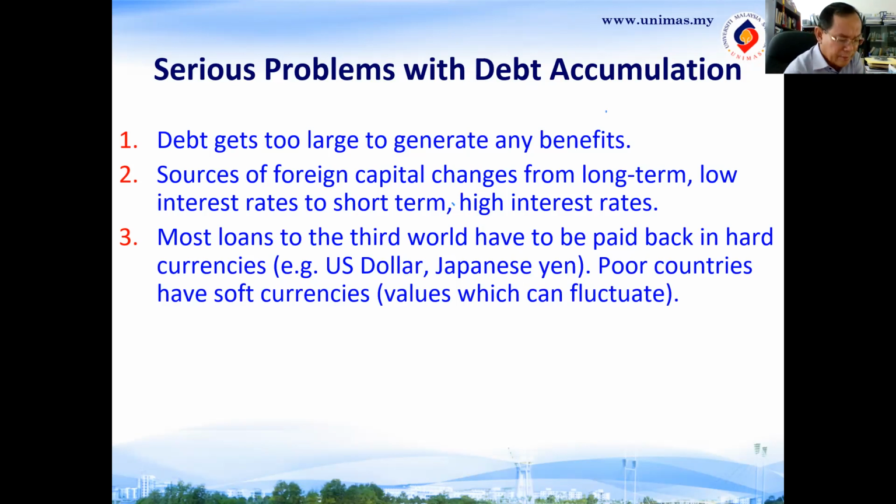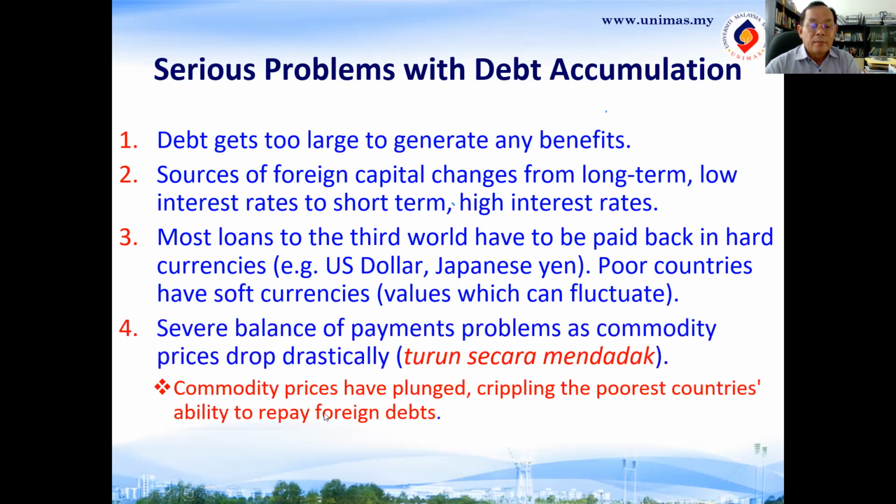Many of the poor countries' currencies are soft. Soft meaning the value fluctuates very much. Compared to hard currencies, whose value does not change much, the value of soft currencies changes frequently.